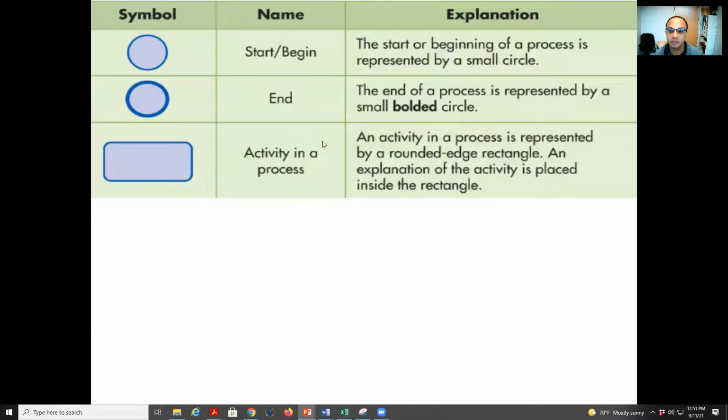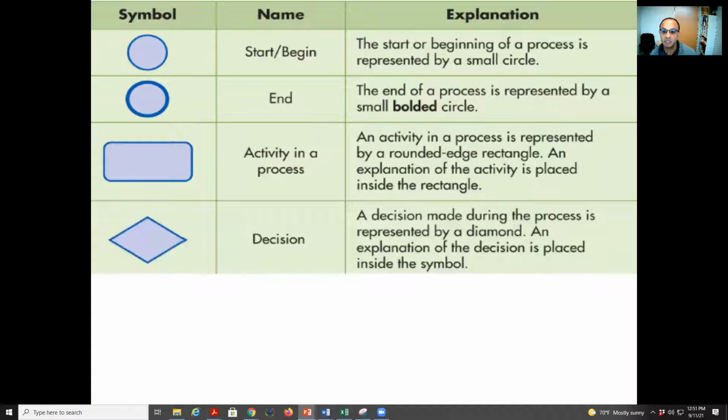On the other hand, we used the rectangle as beginning and ending in the data flow diagram, but here we use the rounded edge rectangle for the process of the business process diagram. And then we present the diamond shape, or the rhombus shape, as making a decision.